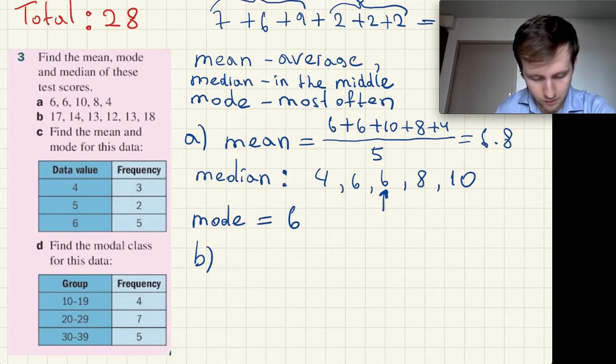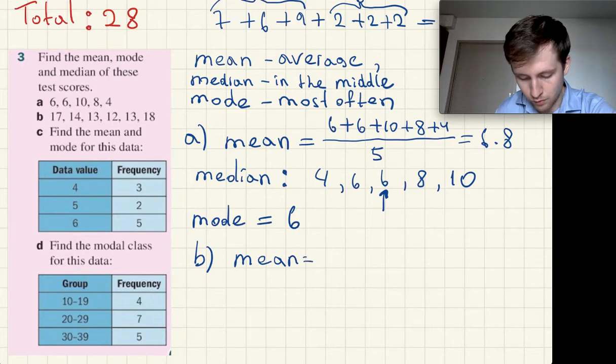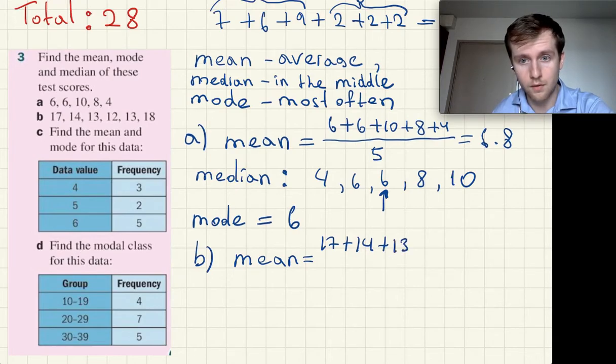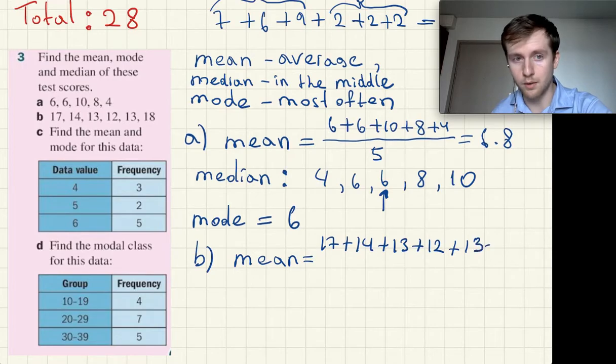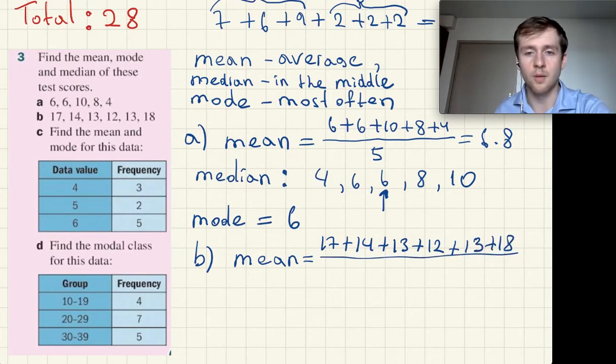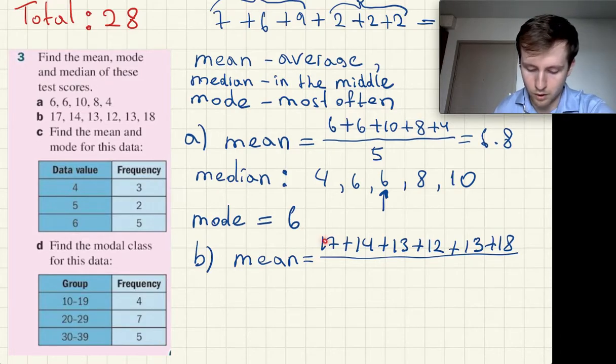In B we have 17, 14. Let's find the mean first. So mean is equal to 17 plus 14 plus 13 plus 12 plus 13 plus 18, and then divided by how many numbers do we have in total? 1, 2, 3, 4, 5, 6.